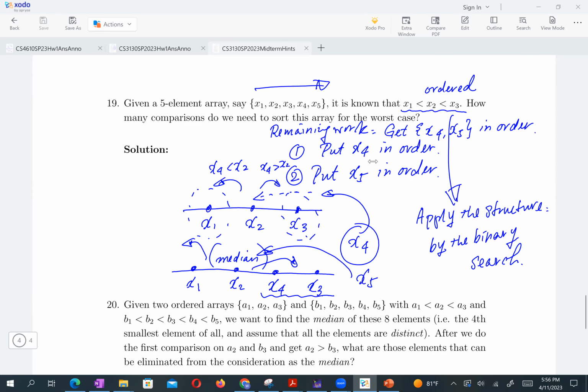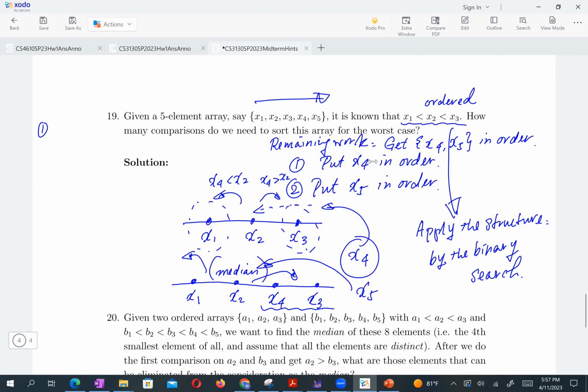First, by the binary search we need to do comparison x2 and x4, right? So that means it's not your x1 and x4. If you do not compare x2 and x4 first, that's the wrong way. So this way, you have 2 sub cases: x2 less than x4, x2 greater than x4.